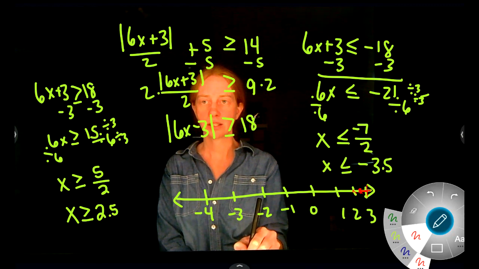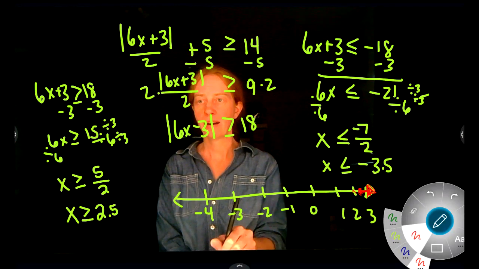And it continues over this way. So this is actually disjointed. That means it doesn't actually connect. We have the less than the 3.5. So that's over here, closed circle. Okay, and so that comes this way.